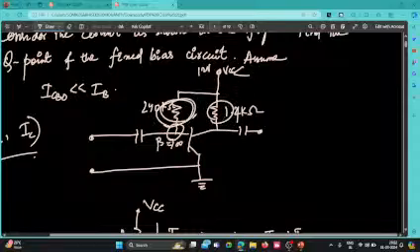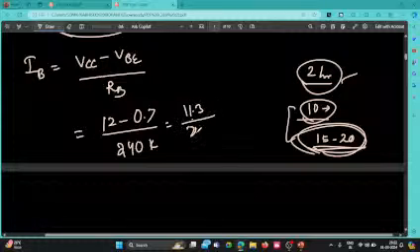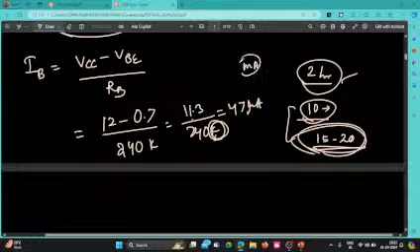RB is your 240 kilo ohm. So I will get 11.3 divided by 240 kilo ohm. If I divide it, I will get something like 47 microampere. Because this is kilo, it will make milliampere, but if I do the calculations properly, it gives 47 microampere.